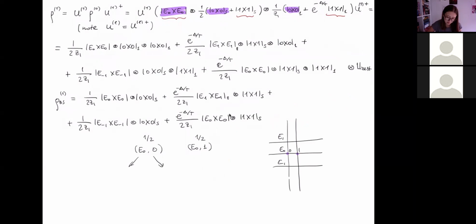Then let us look at the terms in this sum for the reduced matrix of systems B and S. The first term corresponds to the system staying in the state E0, 0. This happens with probability 1/2Z1.